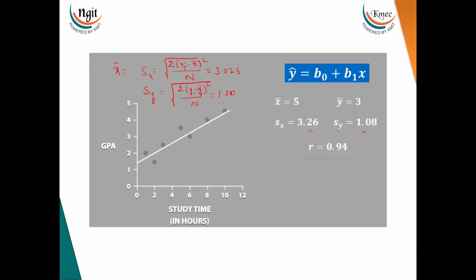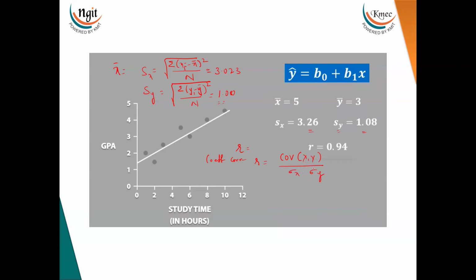Let it be. Okay. Now we have to find out the value of r. The r is nothing but the correlation coefficient. It is given by, we already learned in the last unit how to find the correlation: covariance of x comma y divided by standard deviation of x into standard deviation of y.